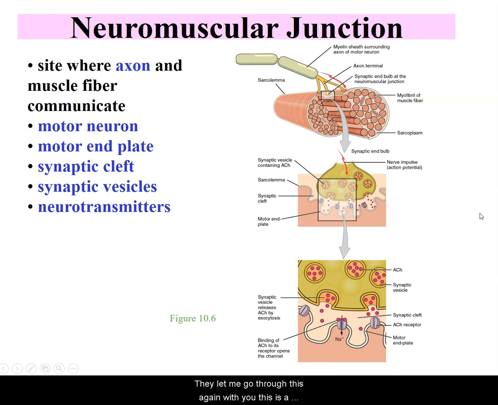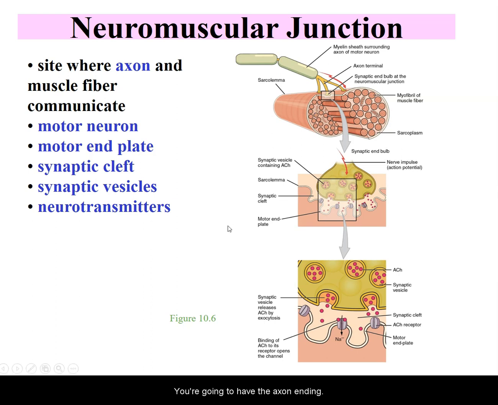Okay, let me go through this again with you. This is a neuromuscular junction where you have the nerve stimulus, and the muscle cells are stimulated by a motor neuron of the somatic or voluntary division of the nervous system, and any output from the central nervous system neuron is a nerve cell capable of sending messages and transmitting messages from the central nervous system to the muscles.